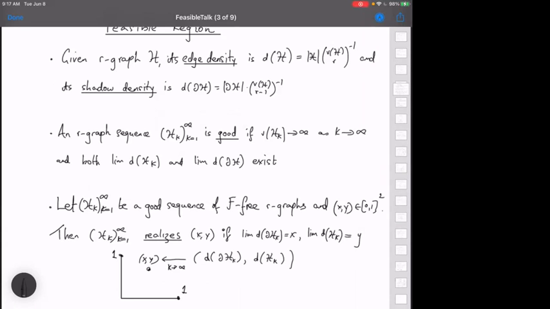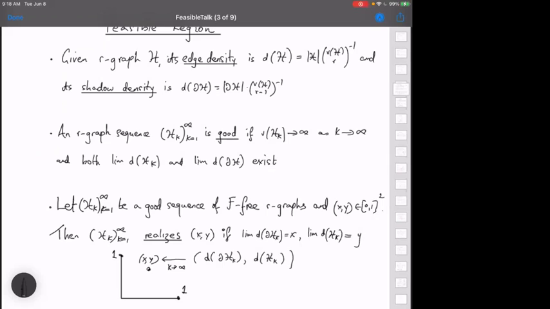So as I said earlier, I'm talking about large objects. So the number of vertices tends to infinity. And instead of taking subsequences and things, it's just easier to restrict my attention to what I call good sequences of hypergraphs, which are just sequences of hypergraphs where the limits of the edge and shadow densities exist. They exist and they are maybe some x comma y. And we say that a sequence realizes the point x comma y if these 2 limits are x and y respectively.